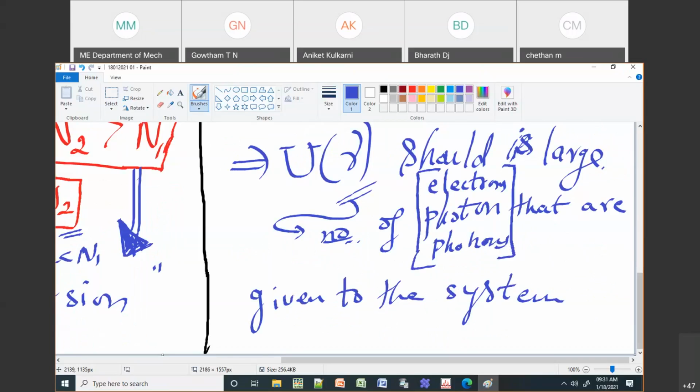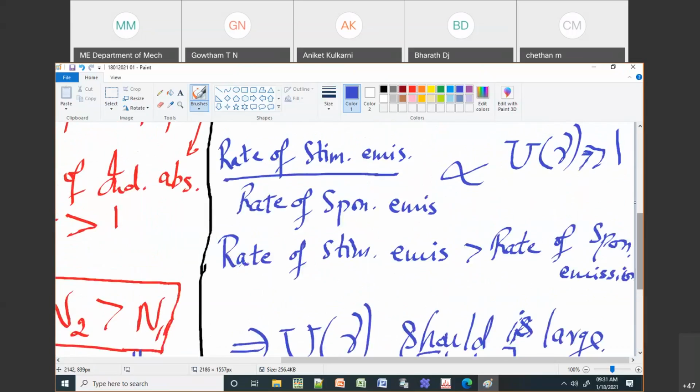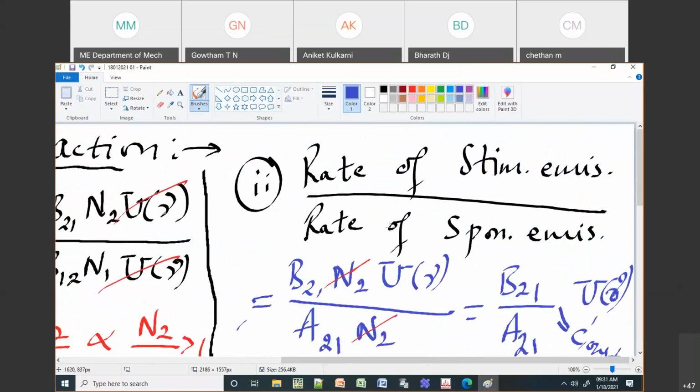Only in that case can you have stimulated emission more than the rate of spontaneous emission. So these are two conditions that you need to know.